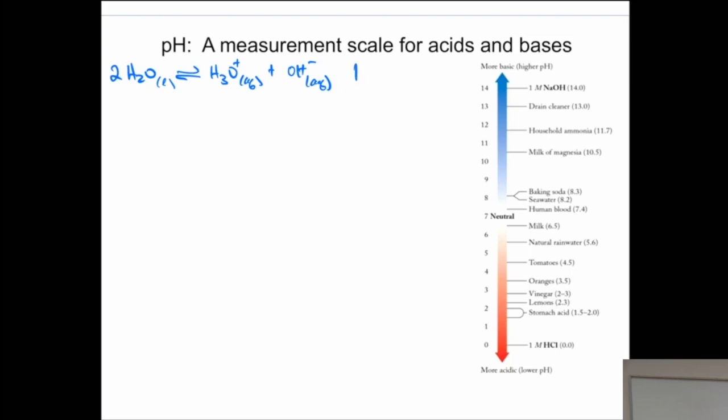And K sub W, which is the equilibrium constant, is going to be equal to the concentration of the products raised to their stoichiometric coefficients, which in this case is 1, divided by the concentration of the reactants raised to the power of their stoichiometric coefficients.